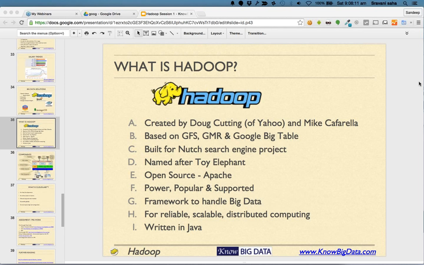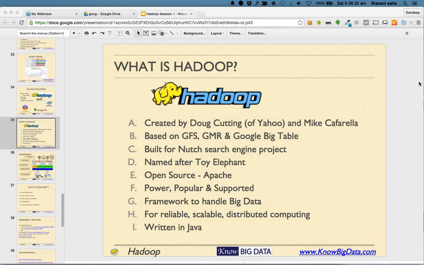The whole idea of Hadoop, as it became an independent project, was to promote large scale computing that is reliable, scalable, and distributed. Reliable means if one computer fails, the work still gets done. Scalable means today I am computing over a few gigabytes, and tomorrow, when gigabytes become terabytes, I should not have to keep changing the framework.